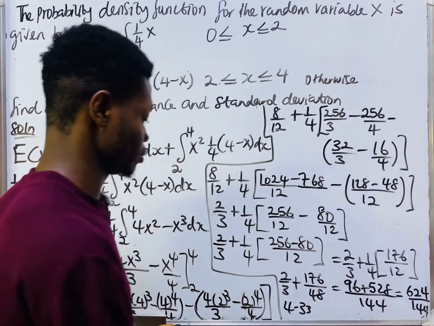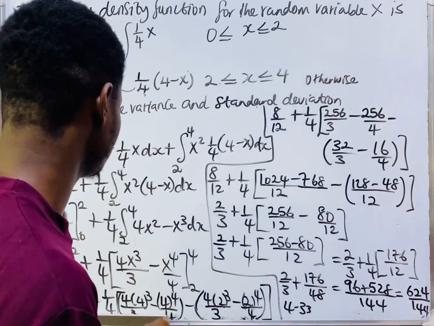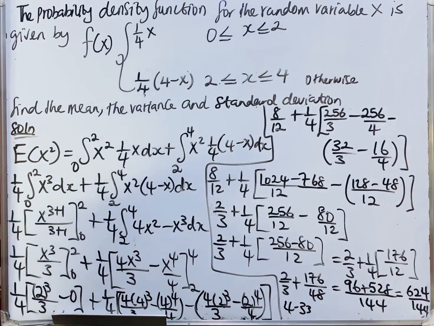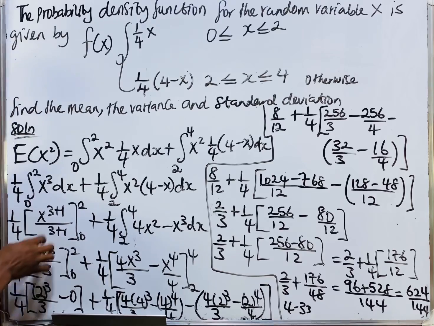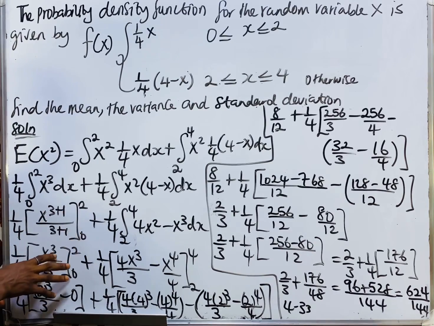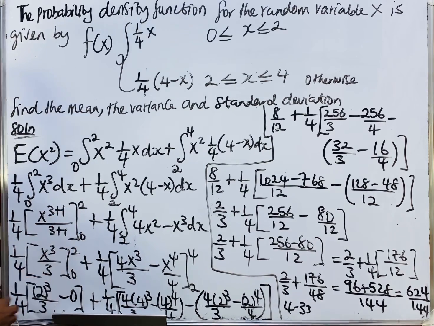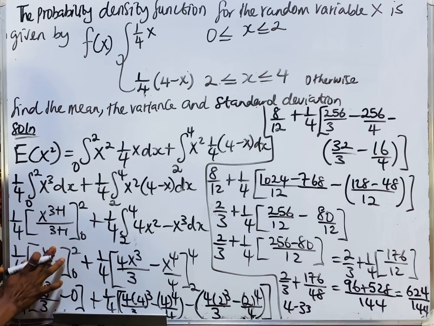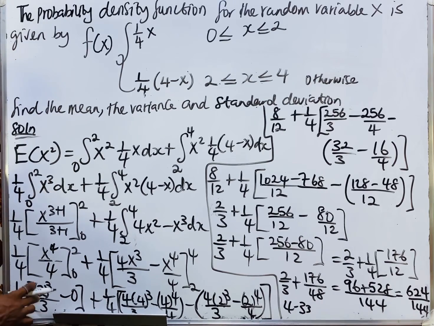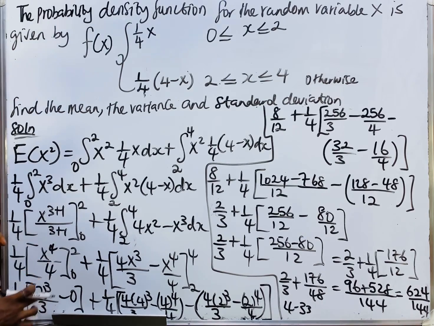So 4.33. I noticed that I made a little mistake here. 3 plus 1 is 4, and I still wrote x to the power of 3. So this thing is supposed to be x to the power of 4, which is over 4. Are you there? So we're having x to the power of 4 over 4.